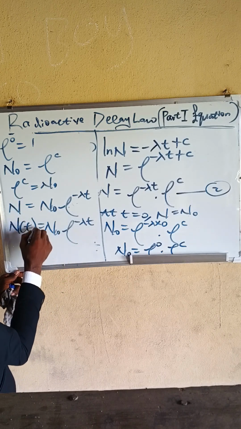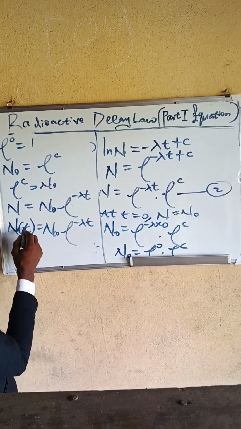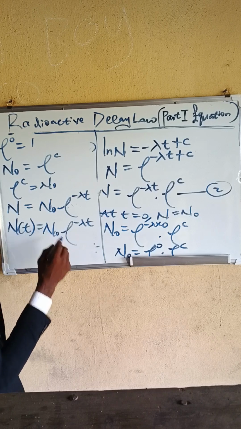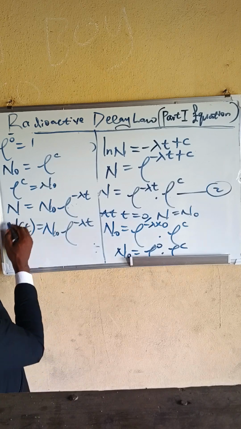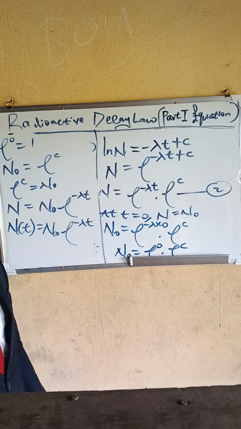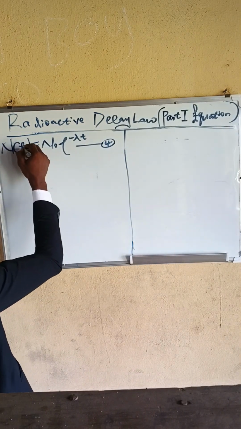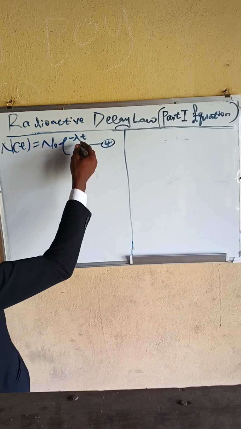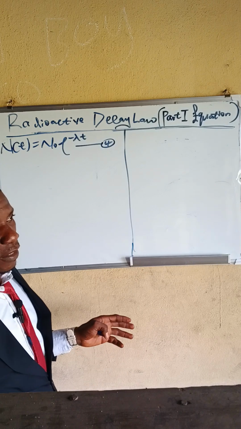And this N of t is called the number of nuclei remaining. N naught is the original or initial number of nuclei. N of t is the number of nuclei remaining, left, or undecayed. So N of t is equal to N naught exponential negative decay constant t. This is the general equation for radioactivity.